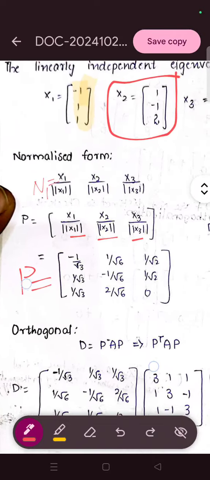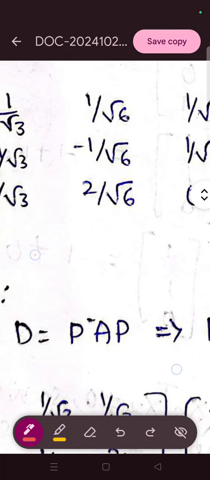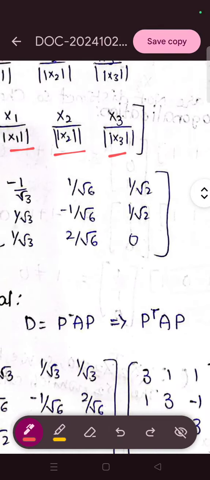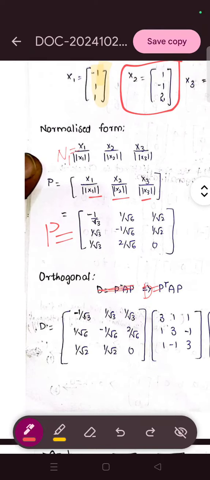So let's check the orthogonality. D equals P transpose AP. We have the value of P, right? This is P. If we write the rows as columns and columns as rows, we get the transpose of the matrix.